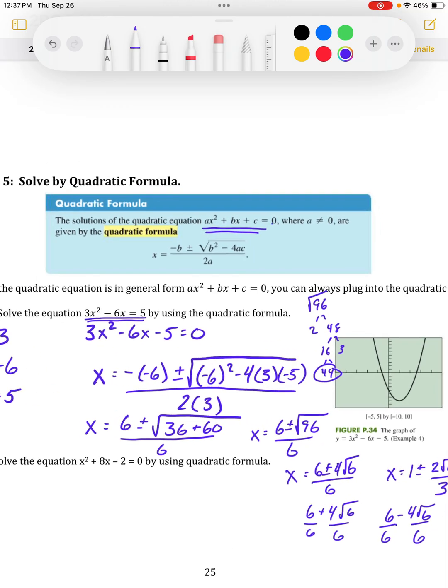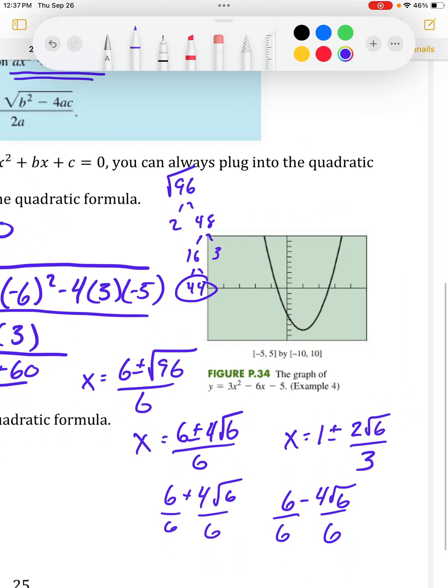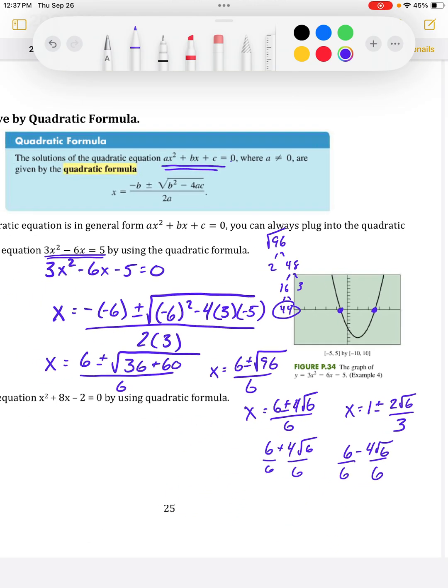All right, now we can go over here. Let's look at the graph. If I were to type these into my calculator, 1 plus 2 root 6 over 3 would be this root, and 1 minus 2 root 6 over 3 would be this root.